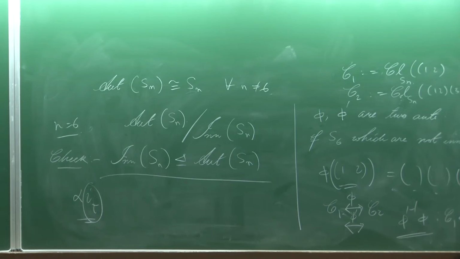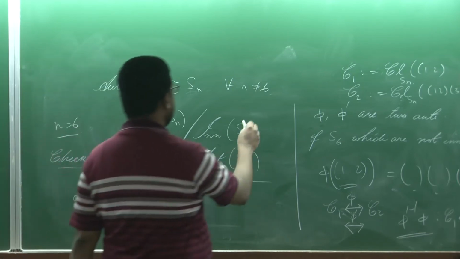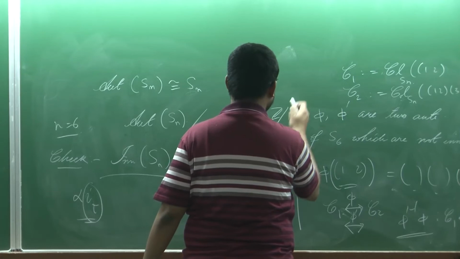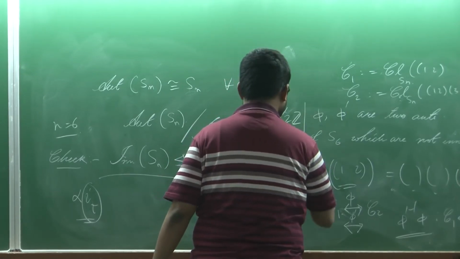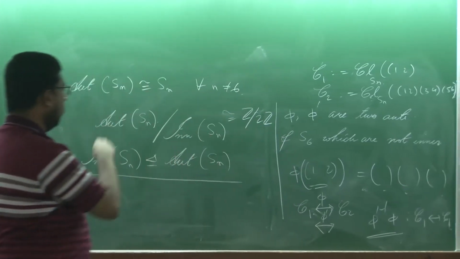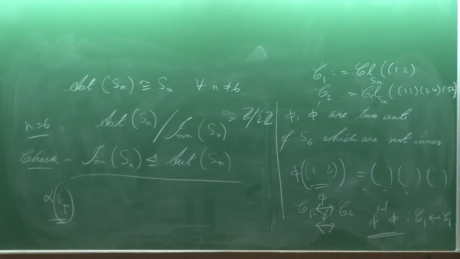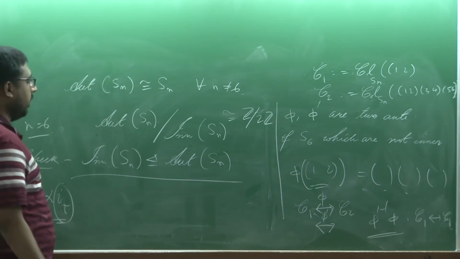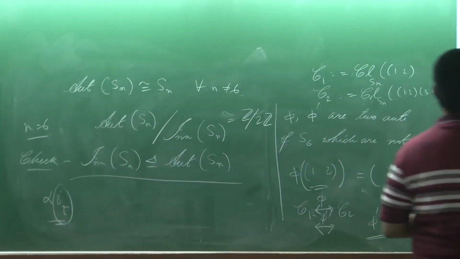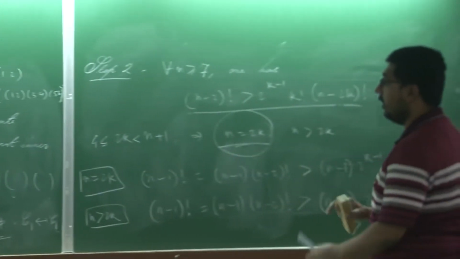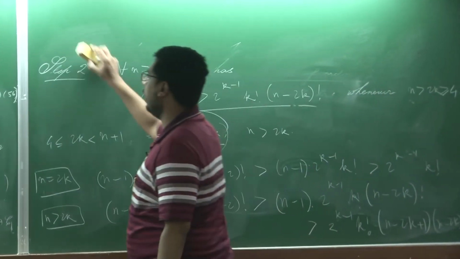So that immediately forces this to be Z modulo 2Z, because this is the only non-identity element in that group. So thus we have the complete classification of automorphism groups of Sn.